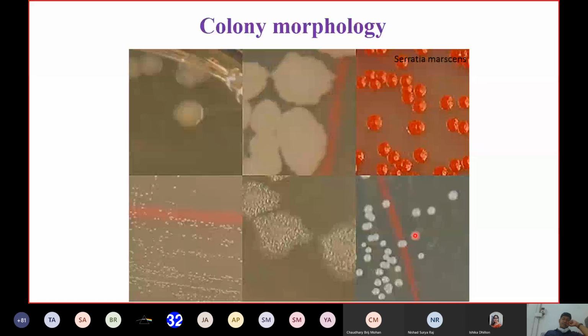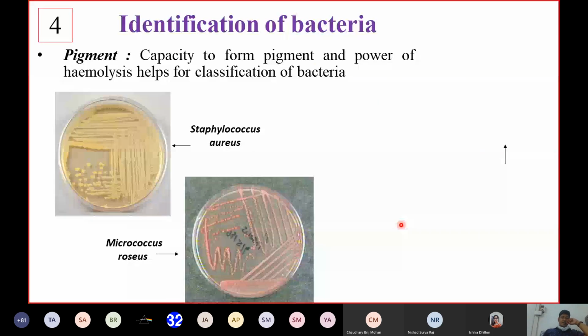One more point for the identification of bacteria is pigment. We have already discussed that pigments are either soluble or insoluble. Here you can see Staphylococcus aureus, producing beta carotenoid pigment. That's why they are yellowish in color. As an exception, we may get a non-yellowish color, but usually they produce yellowish colonies, and that pigment is not soluble in water.